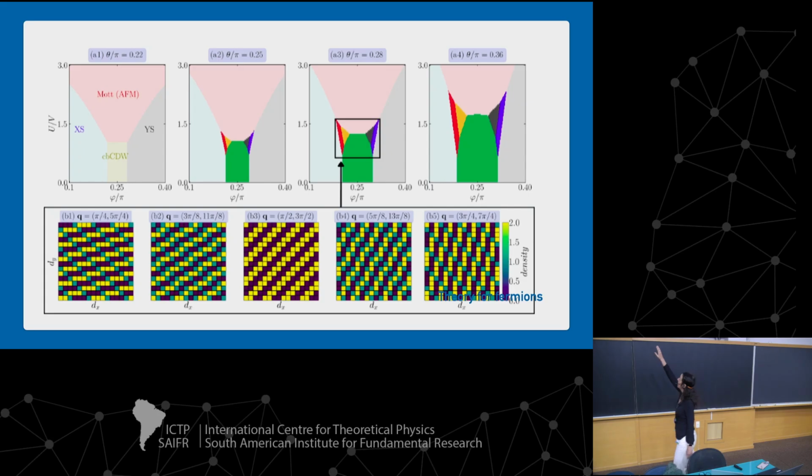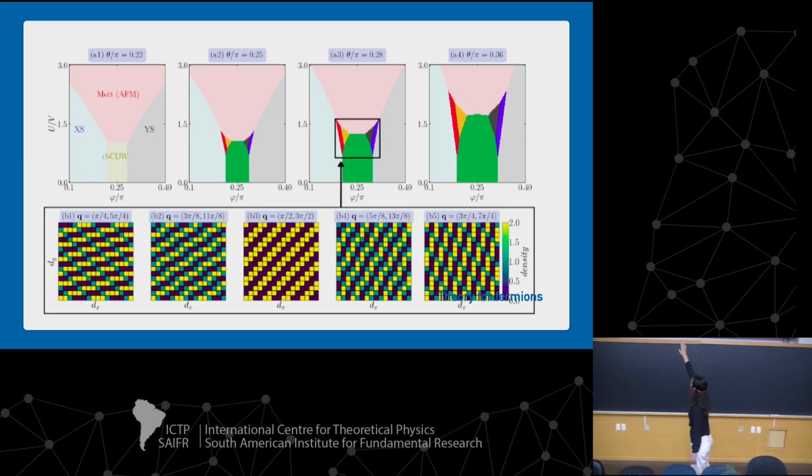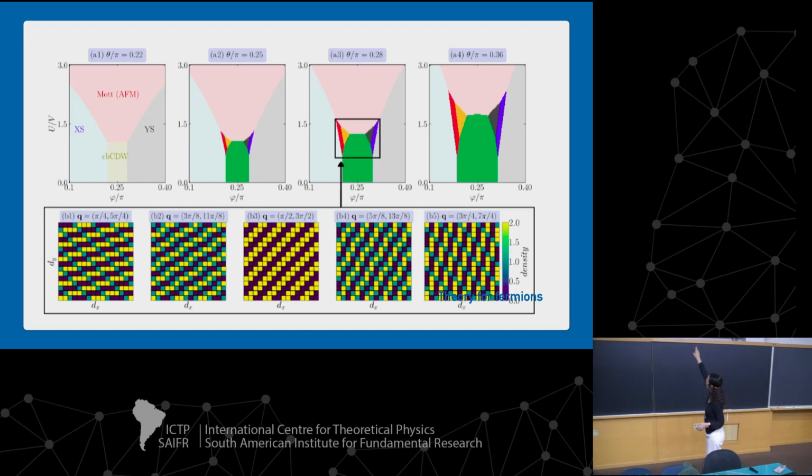So for theta equals 0.22, we have a Mott insulator, XS, which is a separate phase along the X direction, Y direction, charge CDW, checkerboard CDW, and here the phases move and enhance and increase as we change theta, and here are sketches of, you know, the different phases, what they look like.